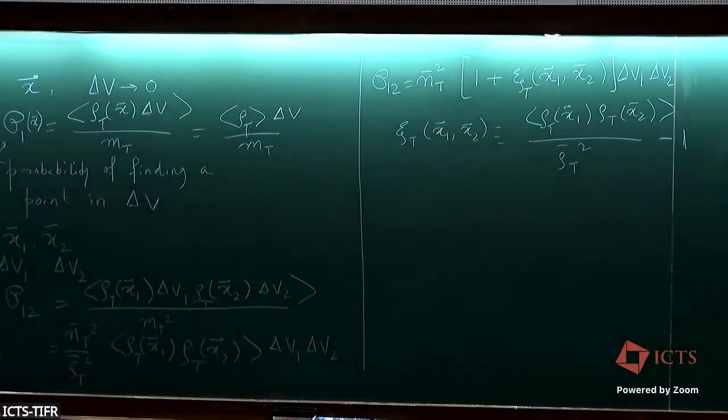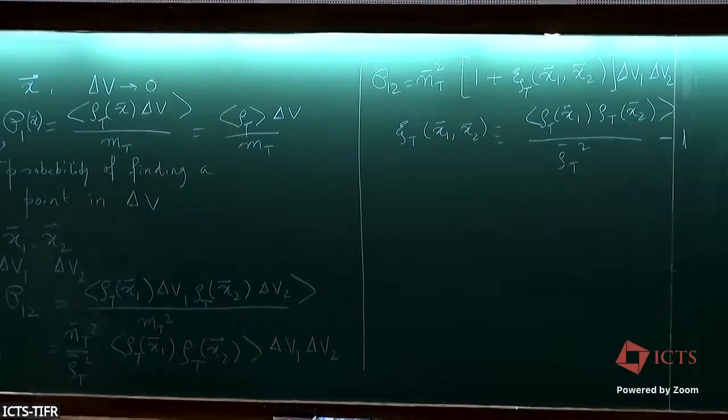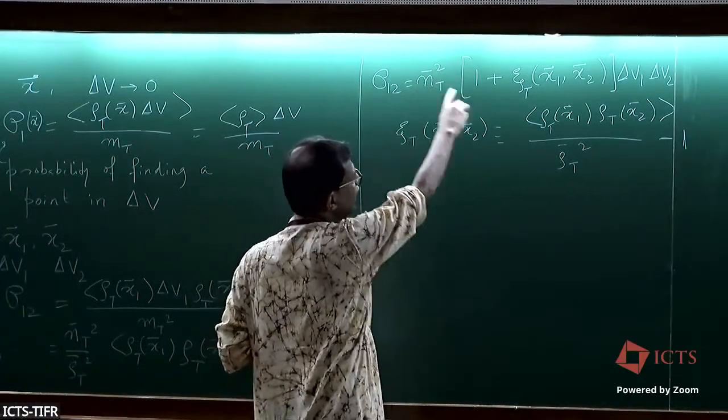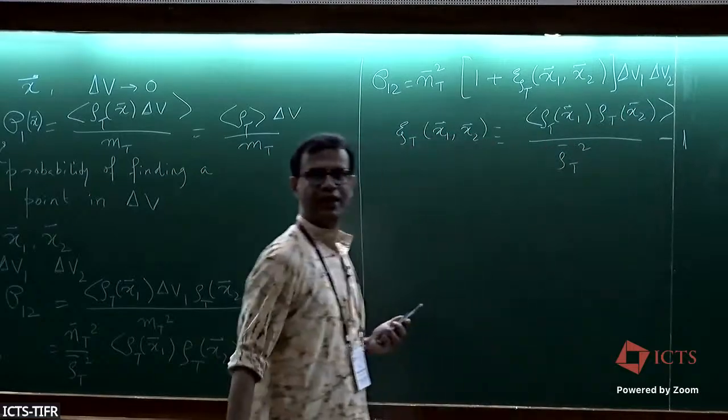So now you see what has happened. Suppose we had done what you were saying, that is, average them first and then multiply. What I would have ended up with is P12 equal to n bar_t square times delta V1 delta V2.